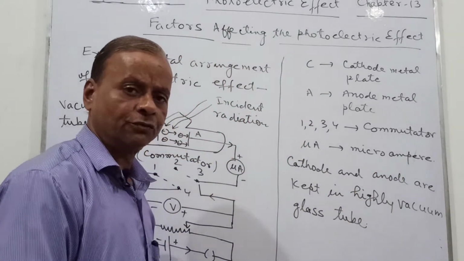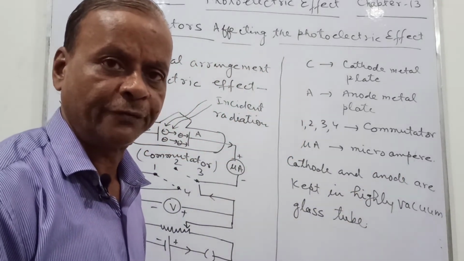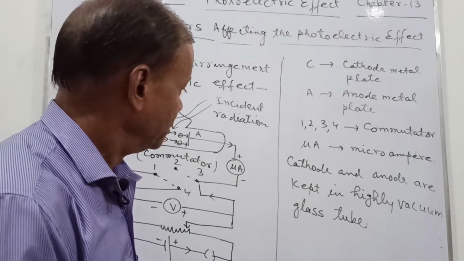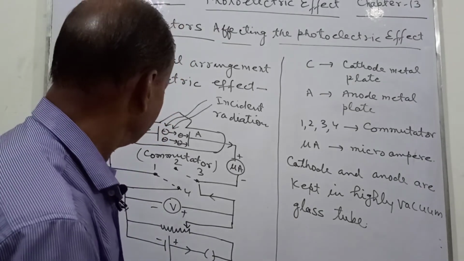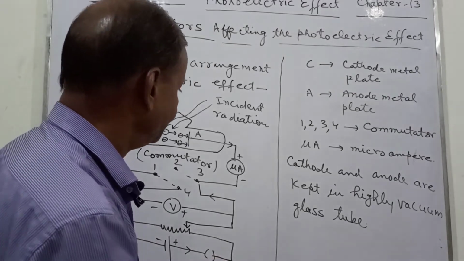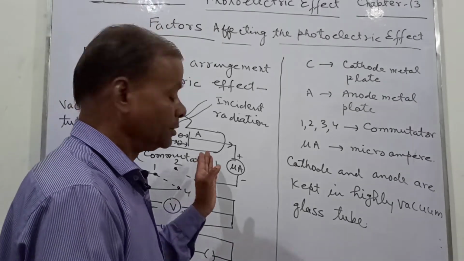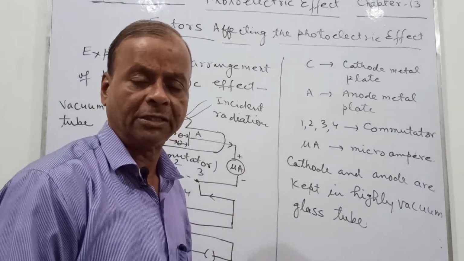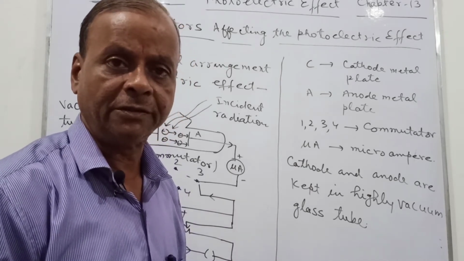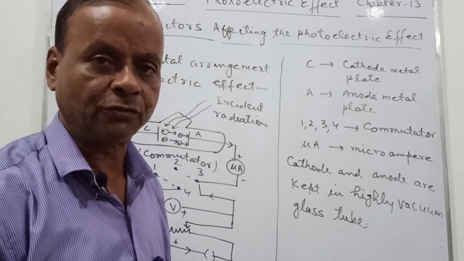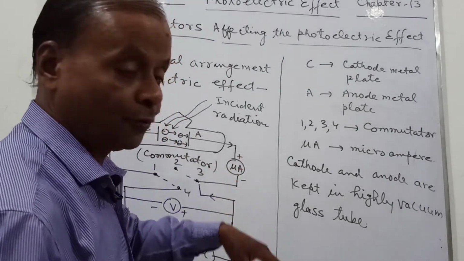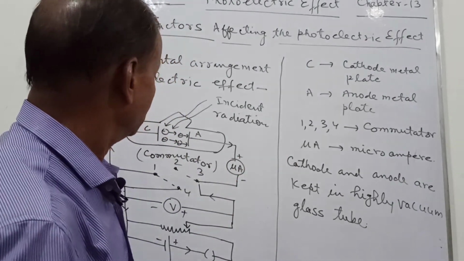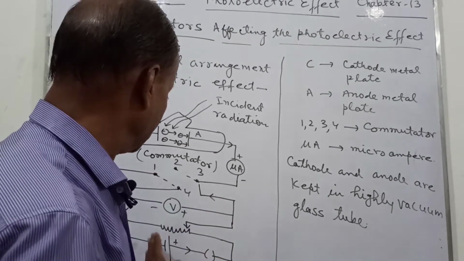Vacuum is maintained so that the electrons are not absorbed by the gas. To avoid the absorption of the electrons emitted from the cathode, it is necessary that there should be vacuum in the tube. So this is the experimental arrangement.